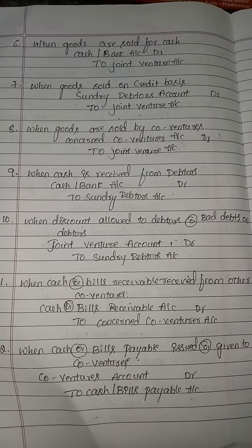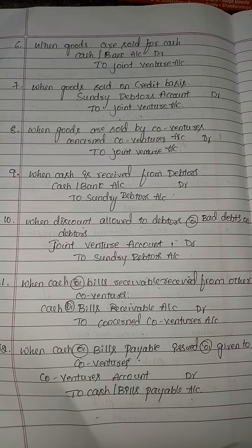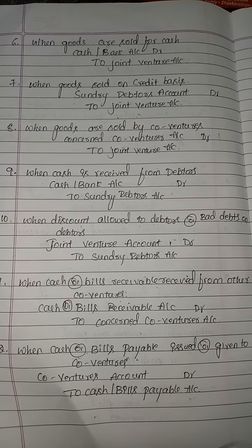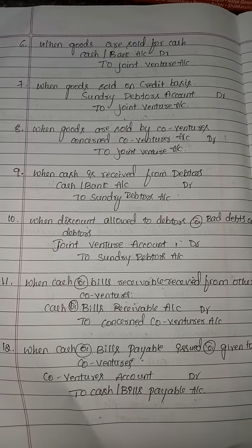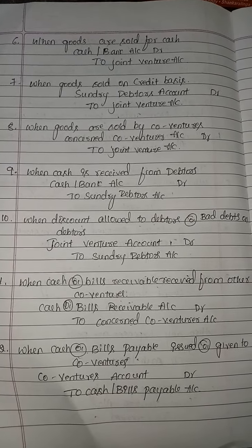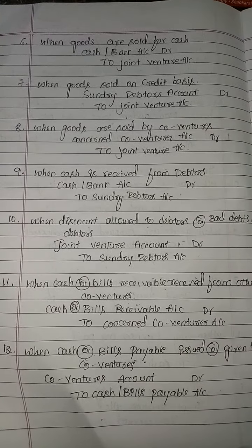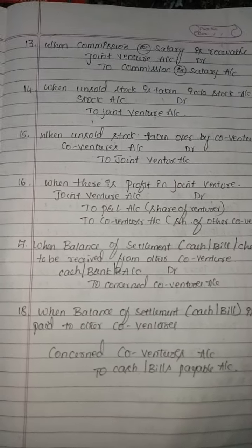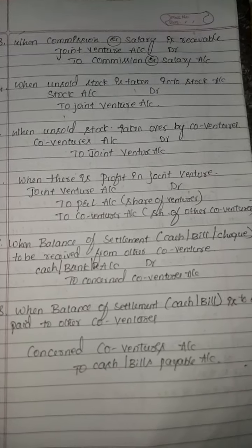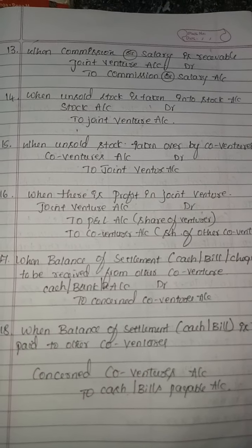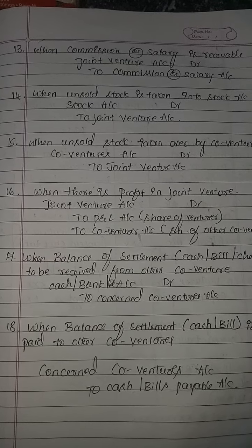The next situation, when cash or bills payable are issued or given to co-ventures, the entry will be co-venture's account debit to cash or bills payable account. In the next situation, when commission or salary is receivable in the joint venture firm, the entry will be joint venture account debit to commission or salary account.